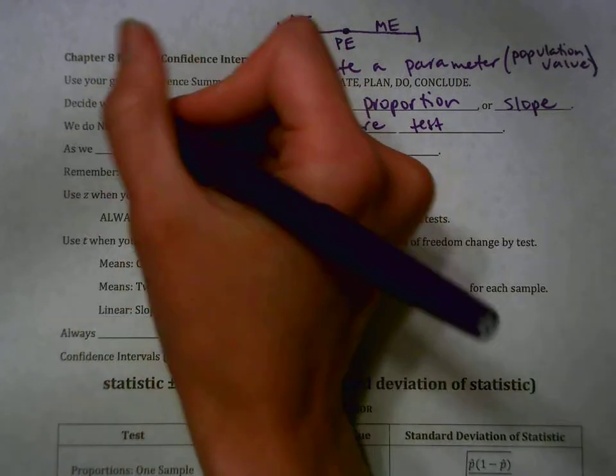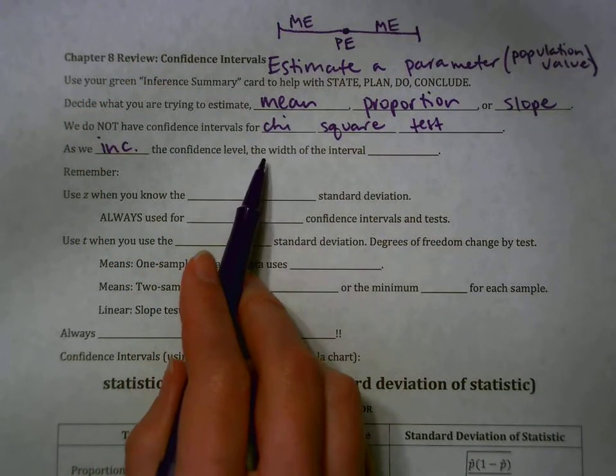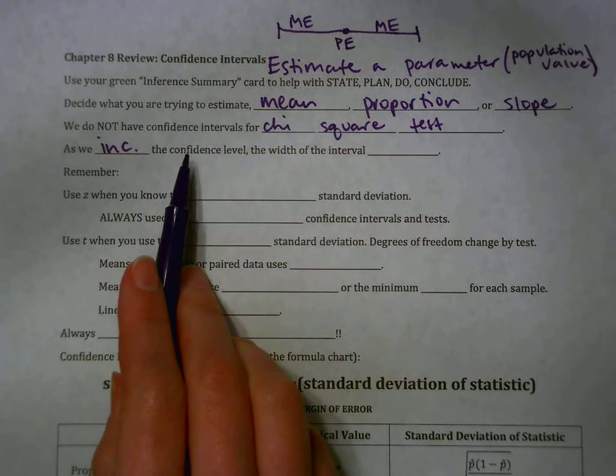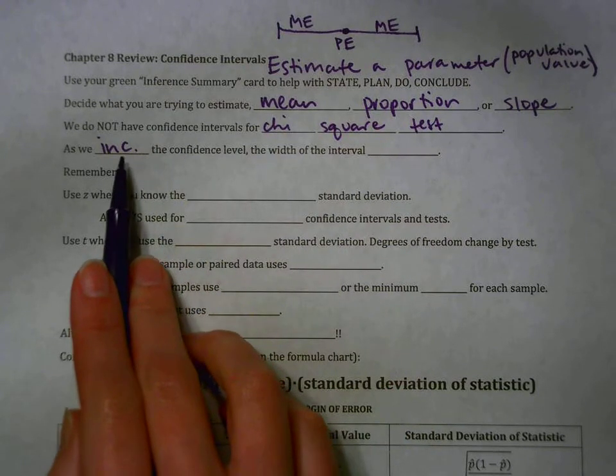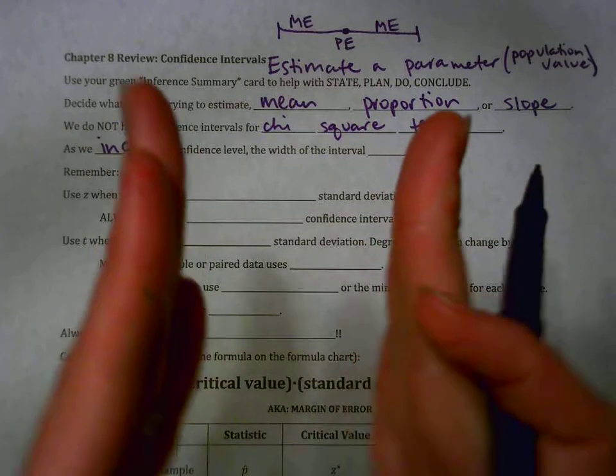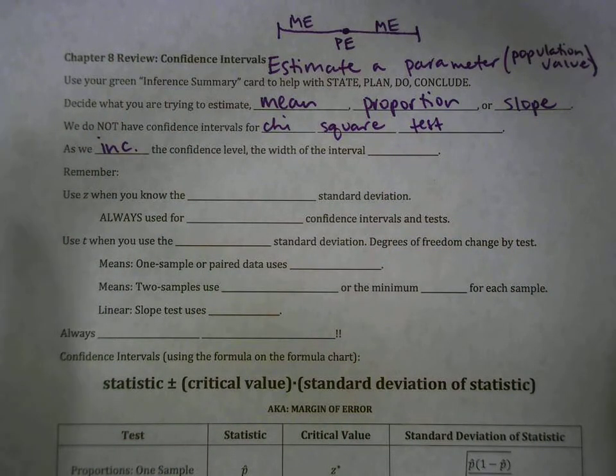As we increase the confidence level, the width, so let's think about this. If you want to go from 95% confident to 99% confident, how are you going to do that? Well, you're going to include more numbers, right? The more numbers you include, the more confident you are that you captured the true value.